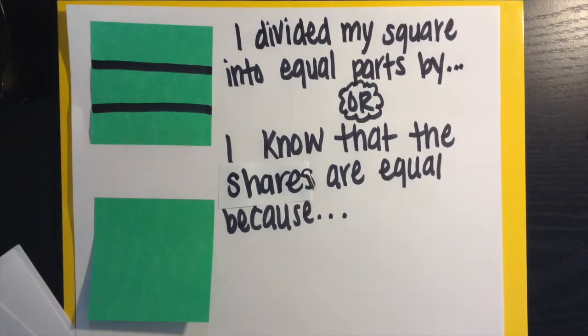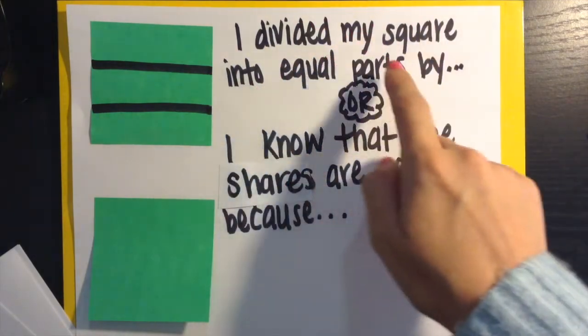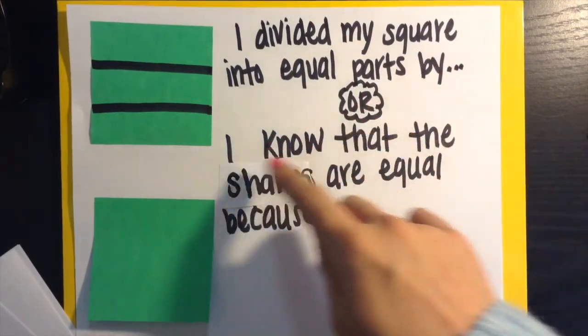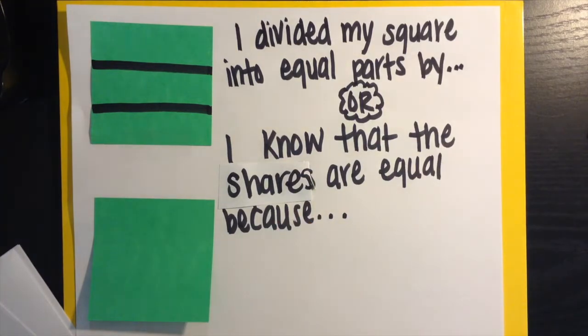Once you have chosen one of the two sentence starters, either I divided my square into equal parts by, or I know that the shares are equal because, I want you to complete that sentence. Tell me how you know that the shares are equal, or tell me how you divided the square. Please write it down on your paper. This will be an option for something you could submit as proof of completion.